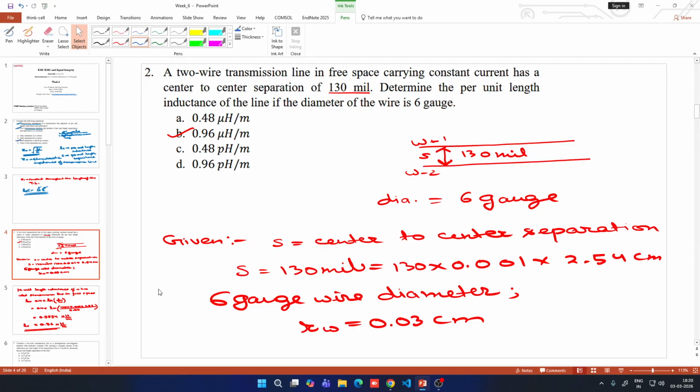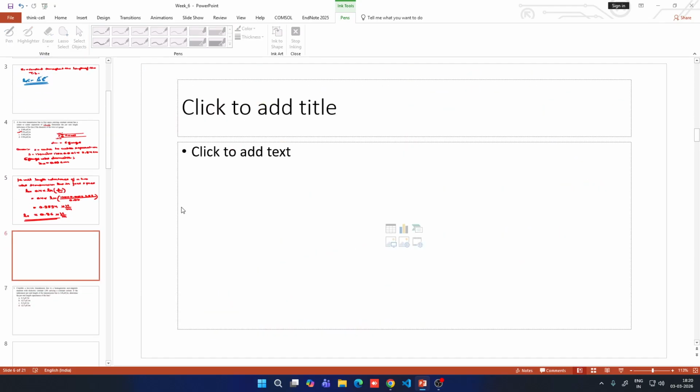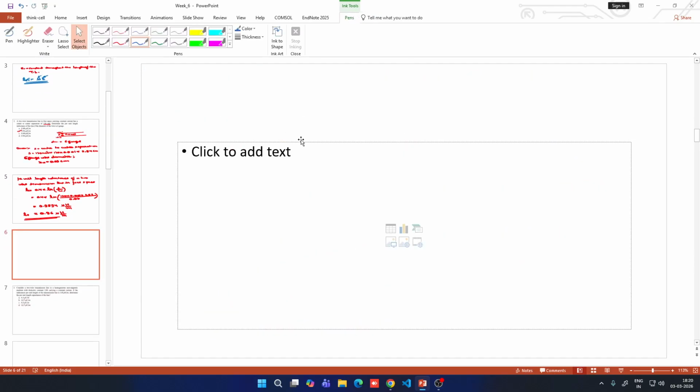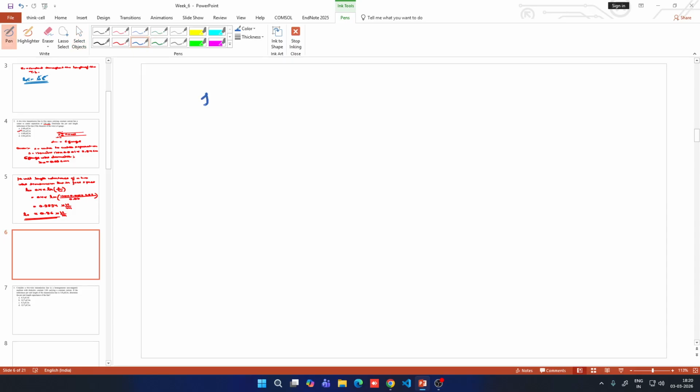I will note it down somewhere here. Let's say 10 gauge is equal to 3.416 millimeters.